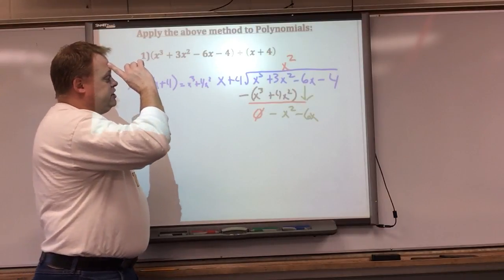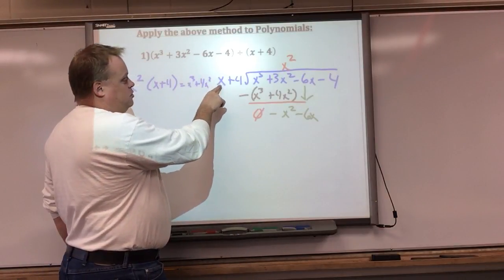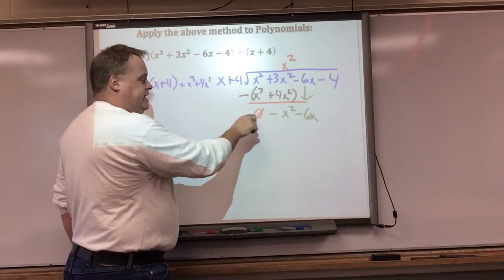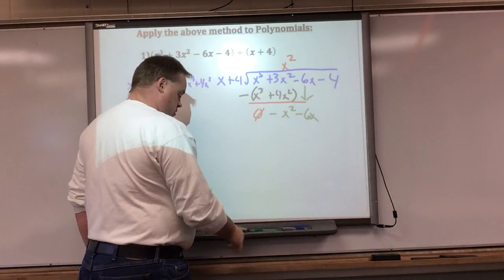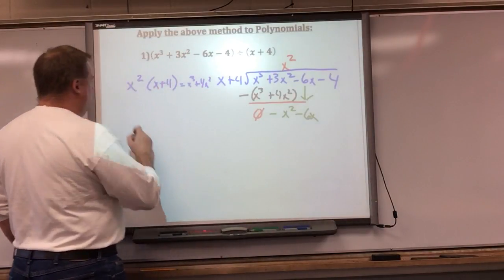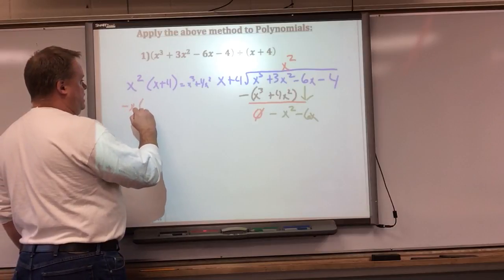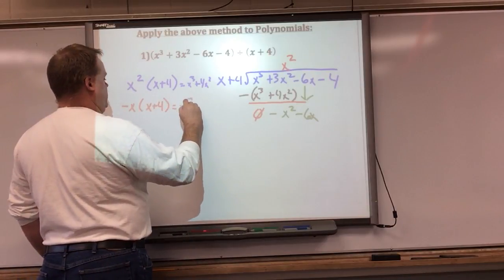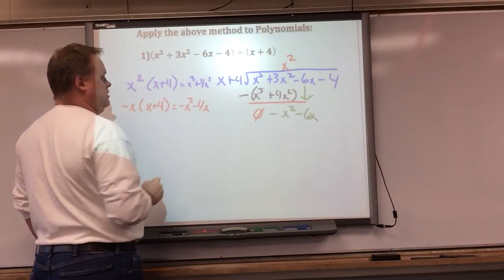I need to know, what do I have to multiply this x by to get negative x squared? Well, it should be a negative x, right? So negative x times x plus 4.